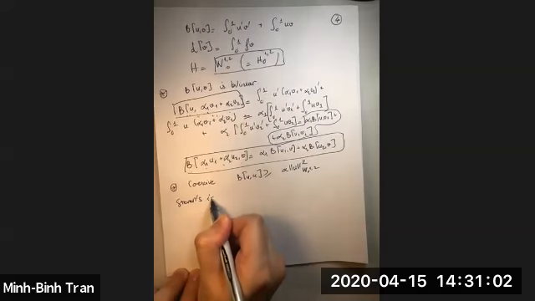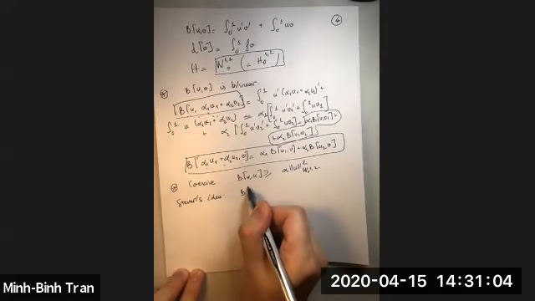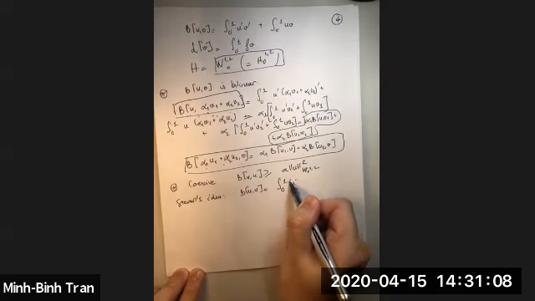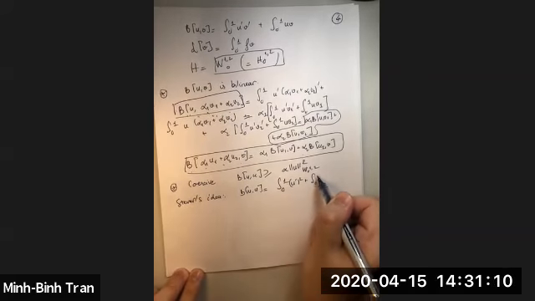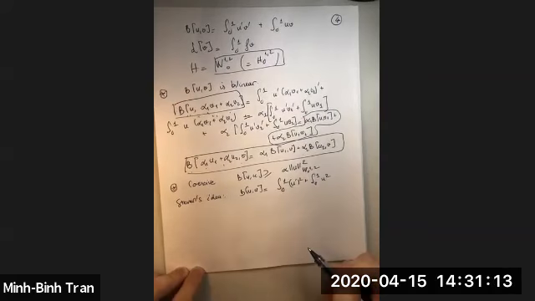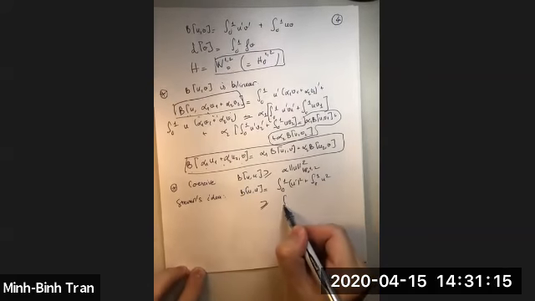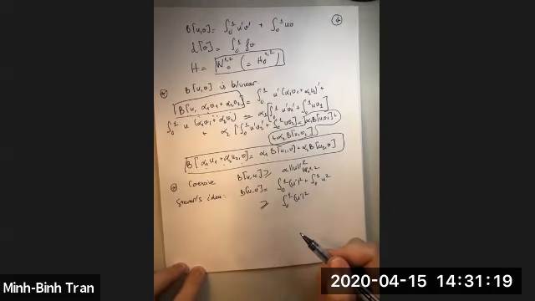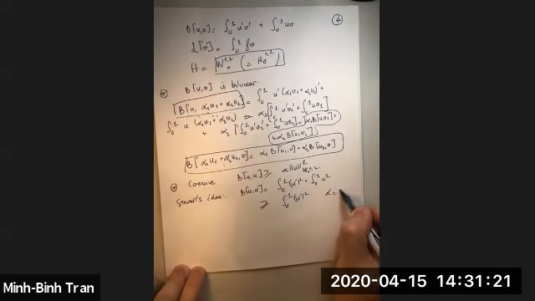Stephen's idea is the following. You have B(u, u) as the integral from 0 to 1 of u prime square plus the integral from 0 to 1 of u square, and this is definitely bigger than the integral from 0 to 1 of u prime square. So in this case, alpha is 1.